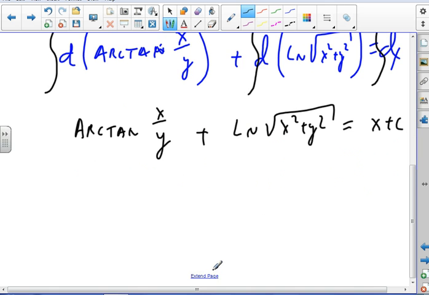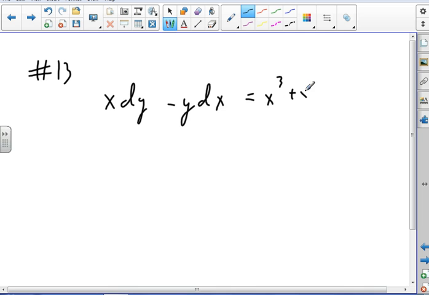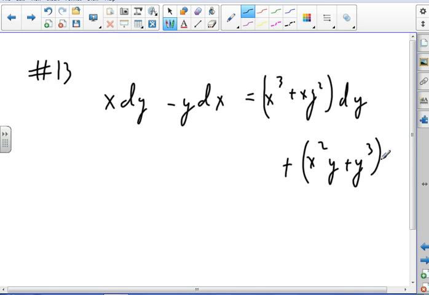Okay, the next guy is 13. Now the interesting thing about 13 is that there's no solution to him. And the reason there's no solution to it is because they wrote the problem wrong. So the problem should read x dy minus y dx is equal to x cubed plus x y squared dy plus x squared y plus y cubed dx.